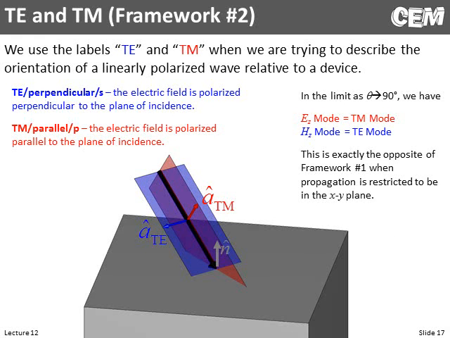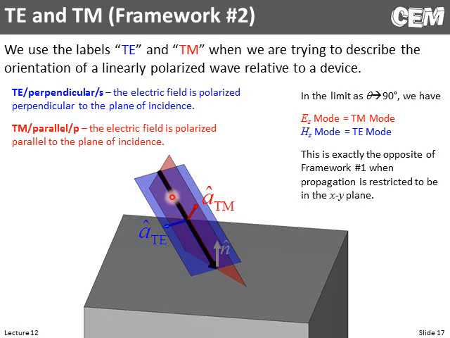Now we have a wave coming in at an angle, and we have a surface normal, so we have a plane of incidence that this incoming wave vector and the surface normal define. The vector perpendicular to that is the TE mode, and the vector within the plane of incidence is the TM mode. Well, now think about this.